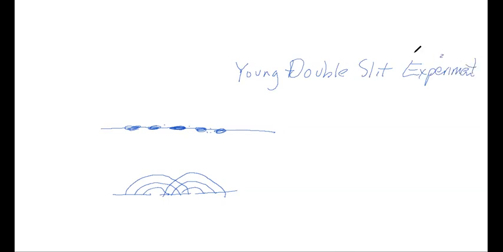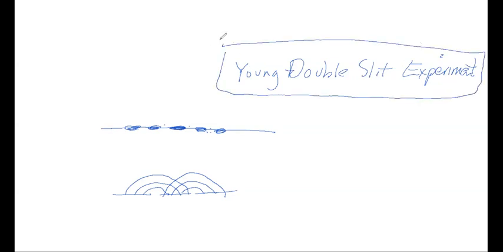If you go on to take more physics in your career, you will no doubt be doing this experiment. It's a very popular one to do in physics labs. So Young's double slit experiment proved definitively that light had wave-like properties.